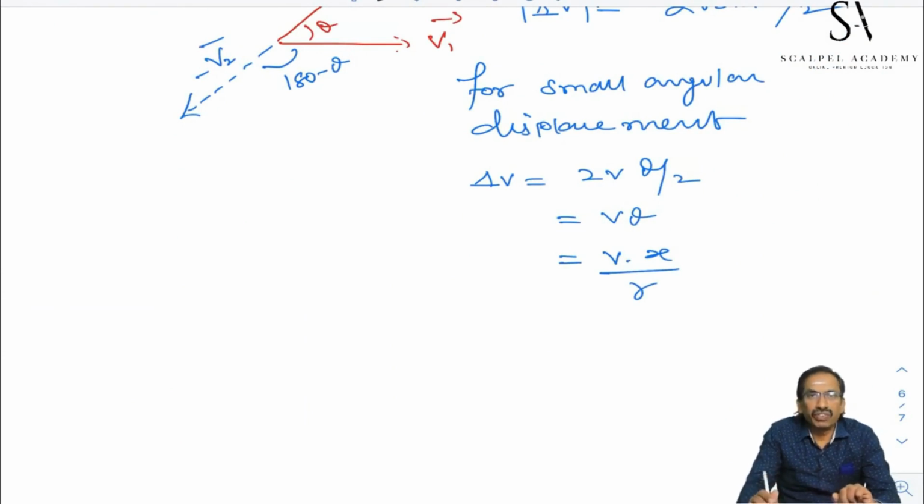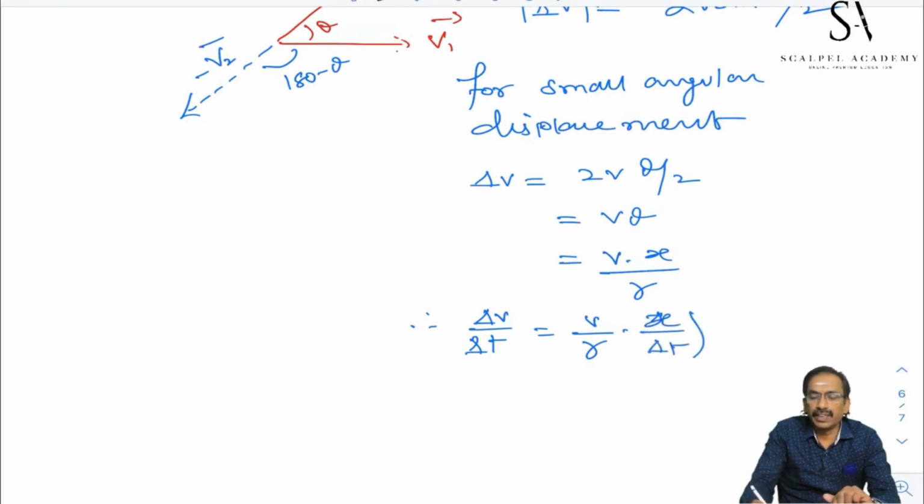Rate of change of velocity, delta v by delta t, is equal to v by r into delta x, the displacement, by delta t. This is again velocity. So displacement by time taken is called velocity, giving v square by r.